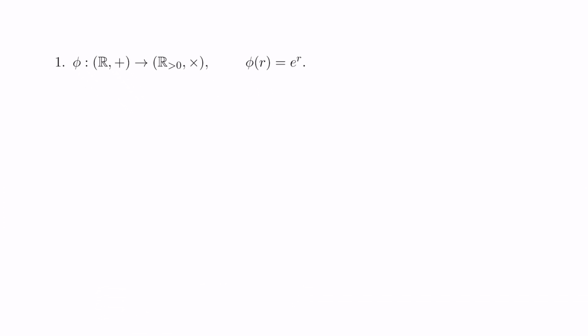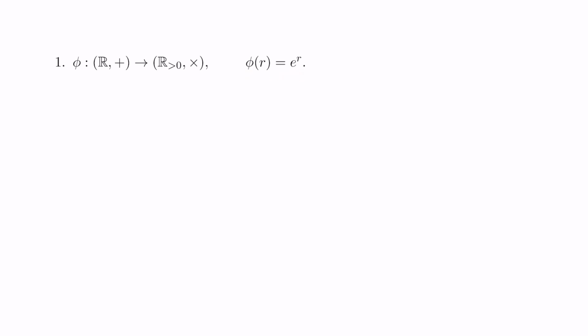So the first example I want to look at is this example here, where we have a homomorphism phi from the reals under addition to the positive reals under multiplication. And we talked about this homomorphism actually in a previous class. This homomorphism takes a number and raises e to that number.